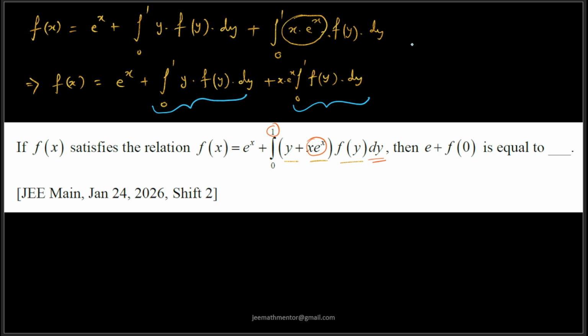So we'll give them some names. We're going to refer to them as, for example, capital A is the integration from 0 to 1 of y times f(y) dy, and capital B would be the integration from 0 to 1 simply of f(y) dy.